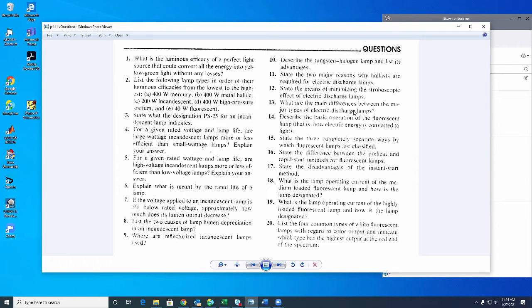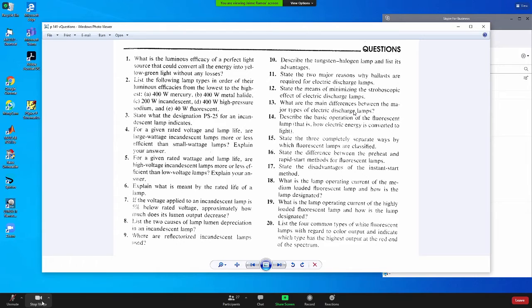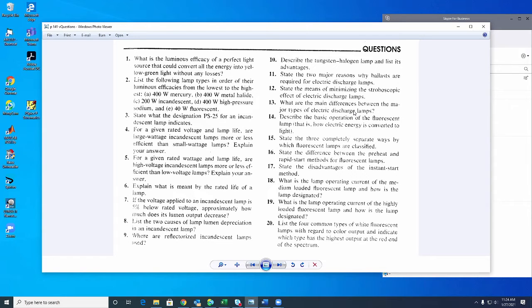Then the other question is 11. Why ballast? Two major reasons. Okay, so we said one was to limit the current in the electric discharge. And then the second one is to start the discharge.